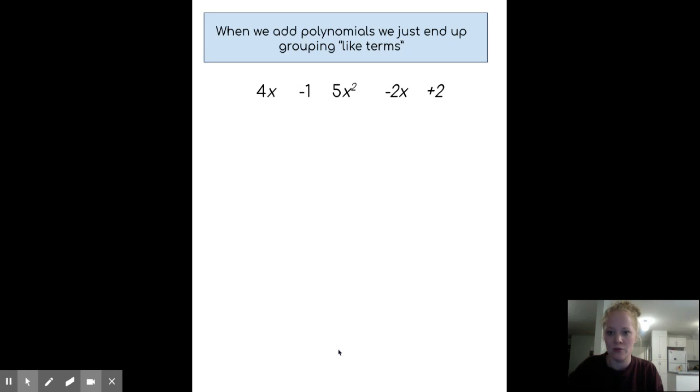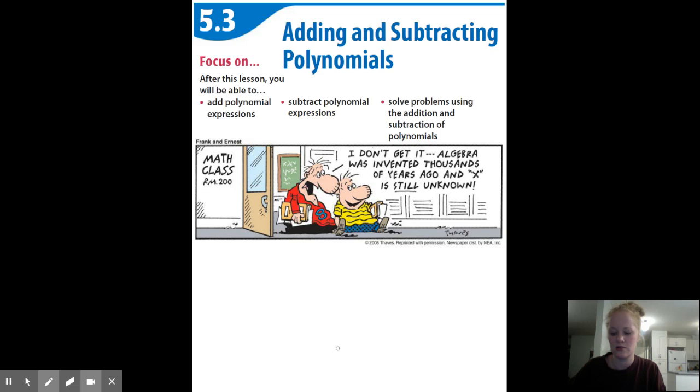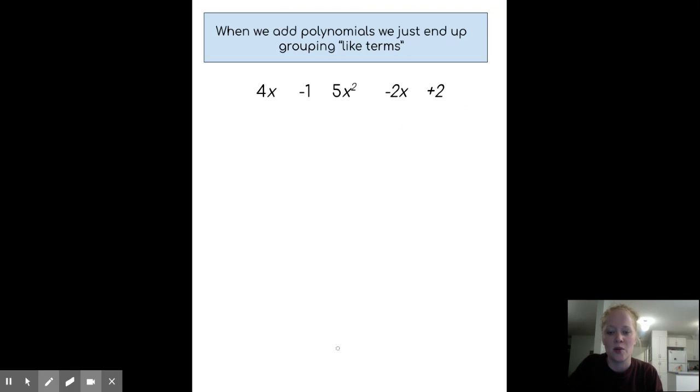So if we were to look at this example, if I was to ask you to group the like terms here, like terms means I am looking for terms that have the same variable and to the same degree. So if I see 4x, I will notice that 4x is like negative 2x.